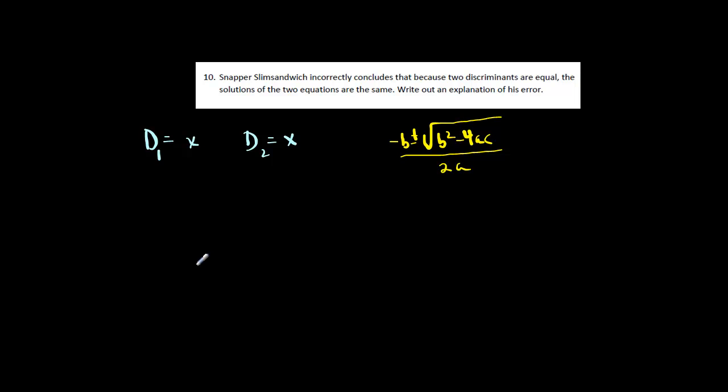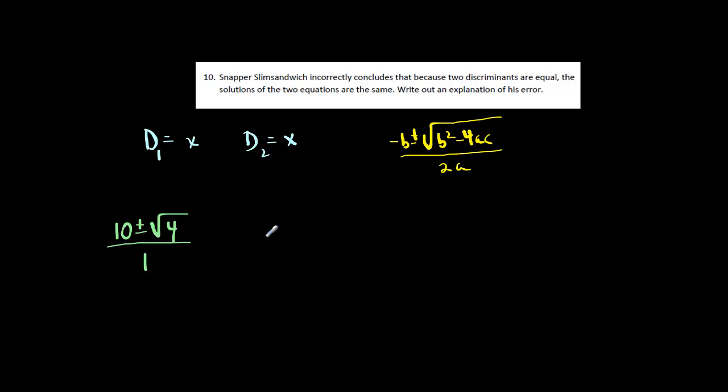Well, he's obviously wrong, because just because the inside of the square root is the same as another example doesn't mean you're going to have the same thing. Here's an example of what I'm talking about. Let's say we have 10 plus or minus the square root of 4 over 1.